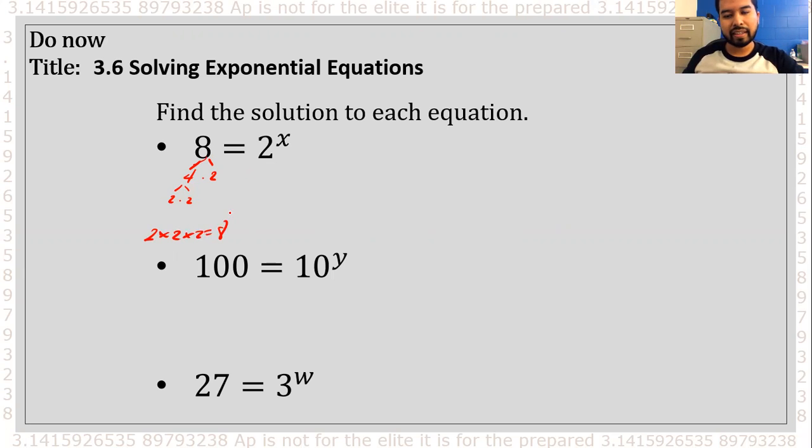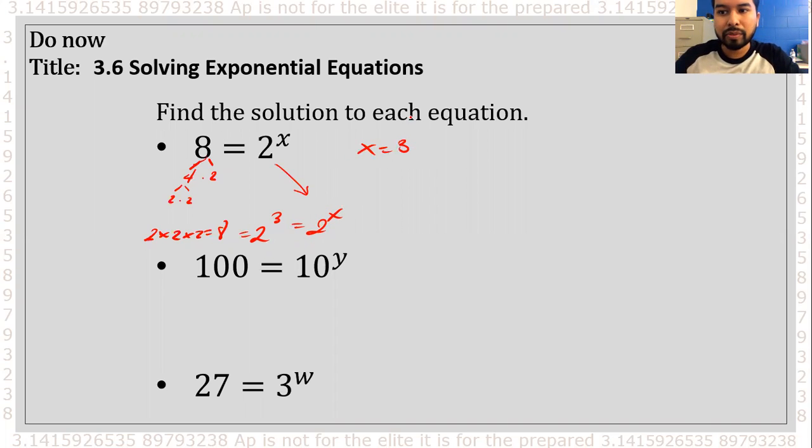So we're trying to find out what makes that true. Well, keep in mind, 2 times 2 times 2 is the same thing as saying 2 to the third. So all of that was for the left-hand side, and my right-hand side was 2 to the x. So we can see, what is missing on the base of 2? Well, it's x equals 3.